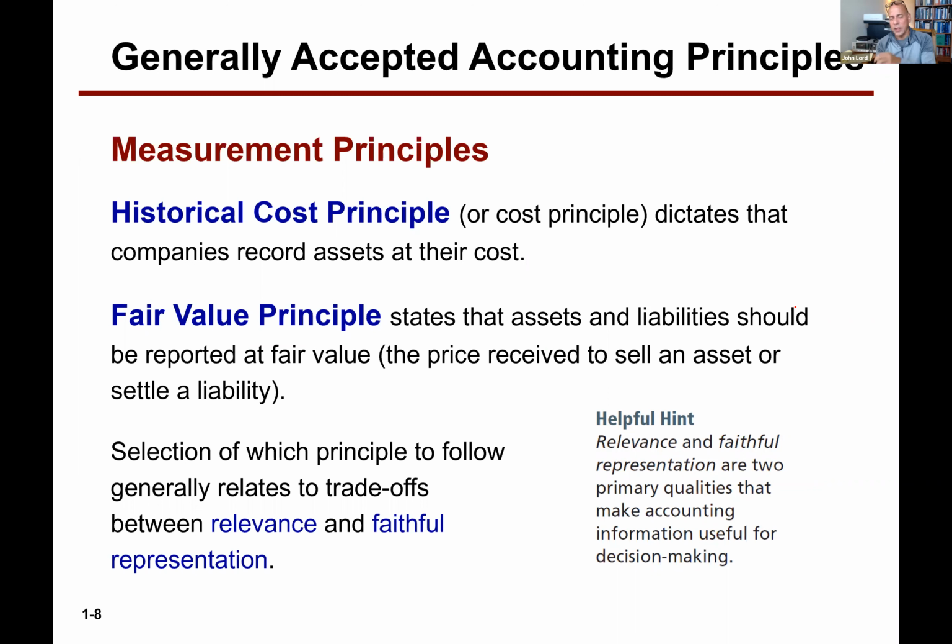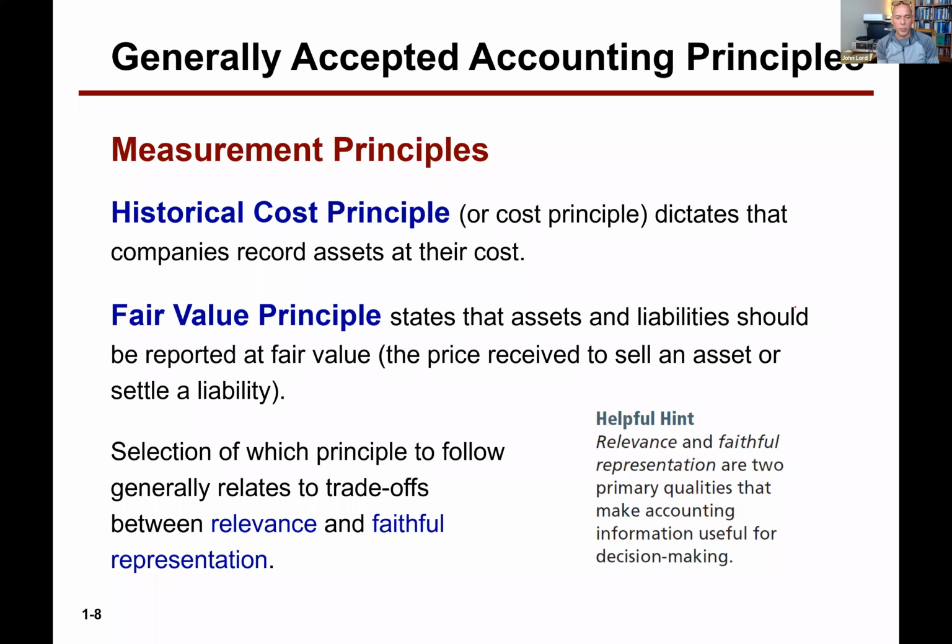The reason is that it's in our consciousness, almost a psychology, a social thing more than anything, that we don't want to write up our fixed assets above what the historical cost was. Question on that?